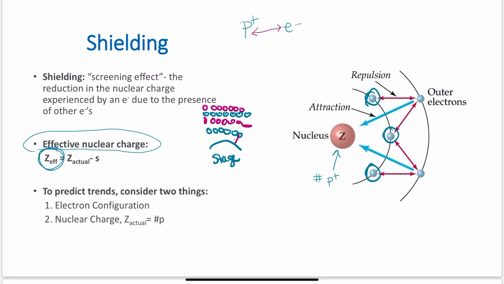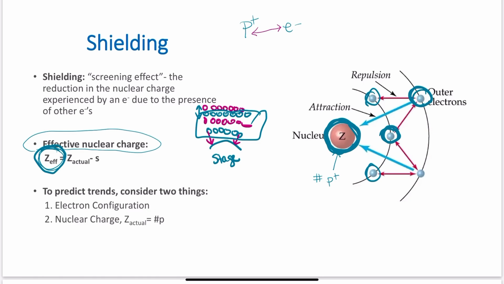These electrons up front are going to feel the pull stronger. These electrons are going to get a weaker pull because all of these electrons in front of them are already pulling stronger than they are. So the farther we get away from that nucleus, the less they feel the pull of that nucleus. So that's why we call it your Z effective. What the electron feels out here is weaker than what the electron feels up here because of how far it is away from this nucleus.